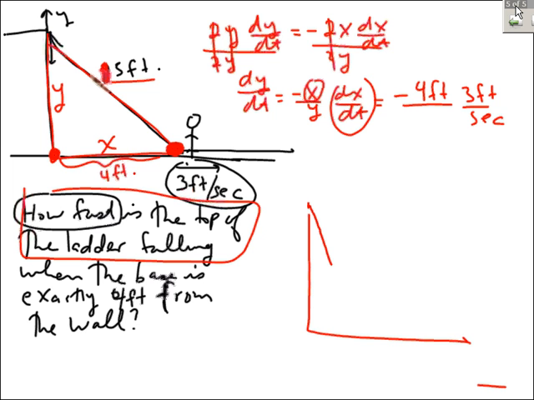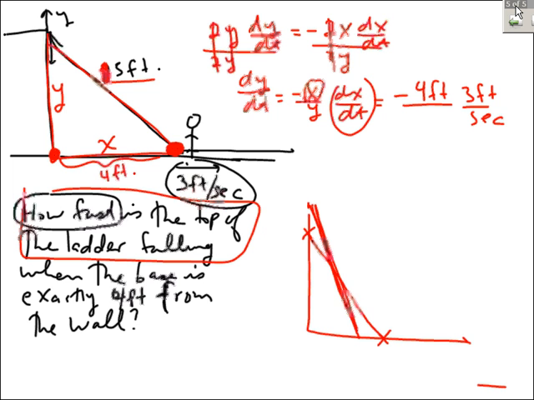Say initially, the ladder looks like this. Now this distance here has to be 5 feet. That's the length of the ladder. The ladder's not changing. You move the base of the ladder to the right, then the ladder falls down a little. So now maybe it's like this.